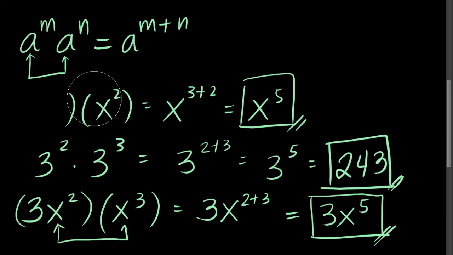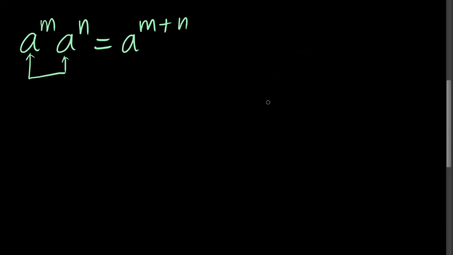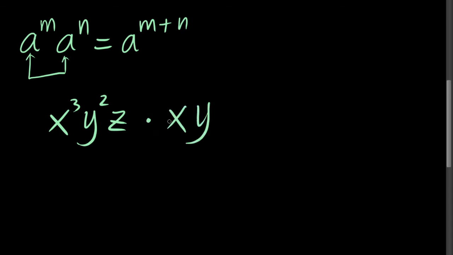And last one, a little more complicated, still for the same law. What if x cubed y squared z times x y z cubed? Now, you can see that we have common bases. First one is x. How many x's do we see?